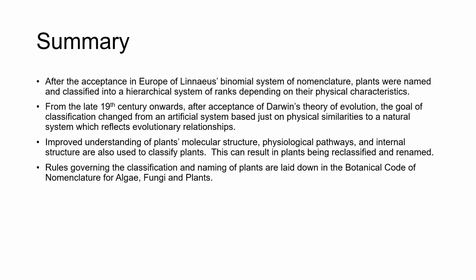Improved understanding of plants' molecular structure, physiological pathways, and internal structure are also used to classify plants now. And new developments in this can result in plants being reclassified and renamed.